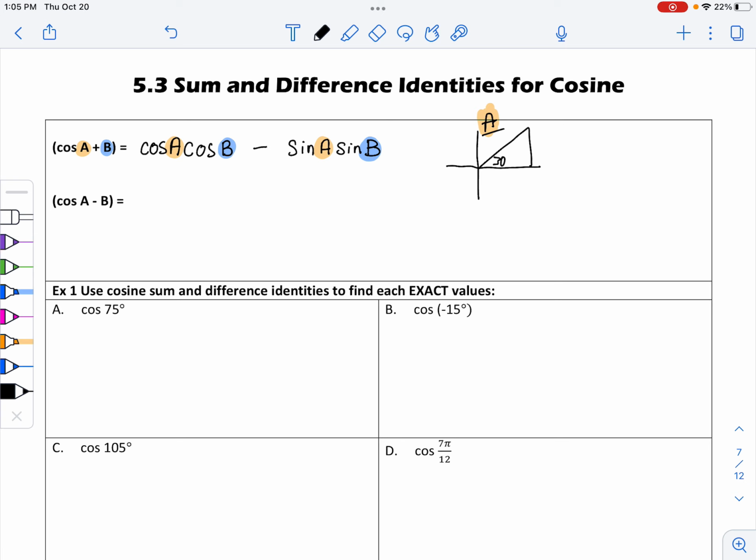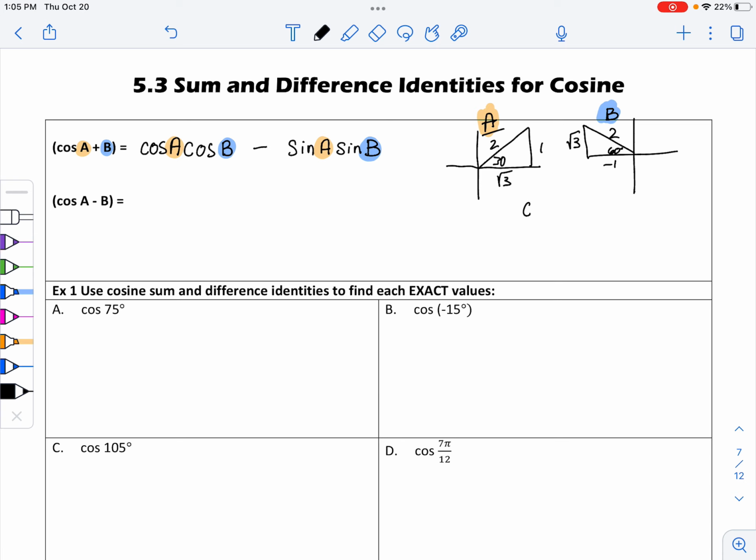We know the side across from 30 is 1, the hypotenuse is 2, and the adjacent side is square root 3. Let's draw a different picture, picture B, and say it is 120 degrees. I would have a 60-degree reference angle. Across from 60 is square root 3, the adjacent side is -1, and the hypotenuse is 2.